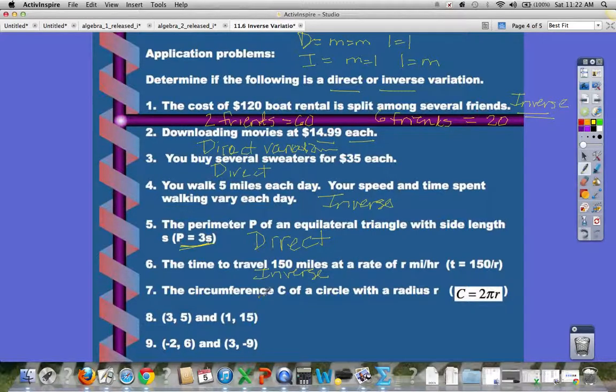All right, how about the circumference of a circle with the radius of r? Okay, so the radius is going to be the same all through the circle, right? So the circumference is based on the radius alone. If we wanted to solve this for r, we would say C divided by 2 pi.